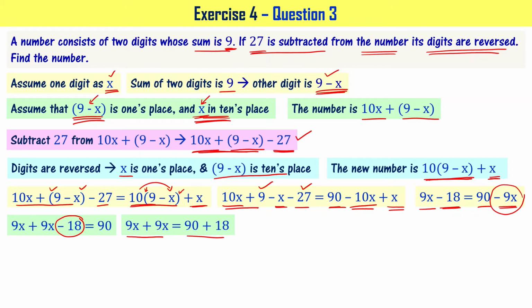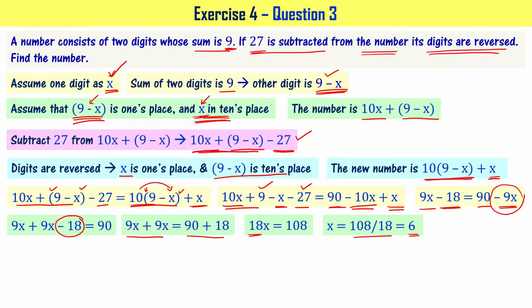Simplify this, and you can write it as 18x equal to 108. Now let me transpose this 18 to the other side, so x equals 108 divided by 18, that is equal to 6. Now we got the value of x, meaning one of the digits of the given number is known now.